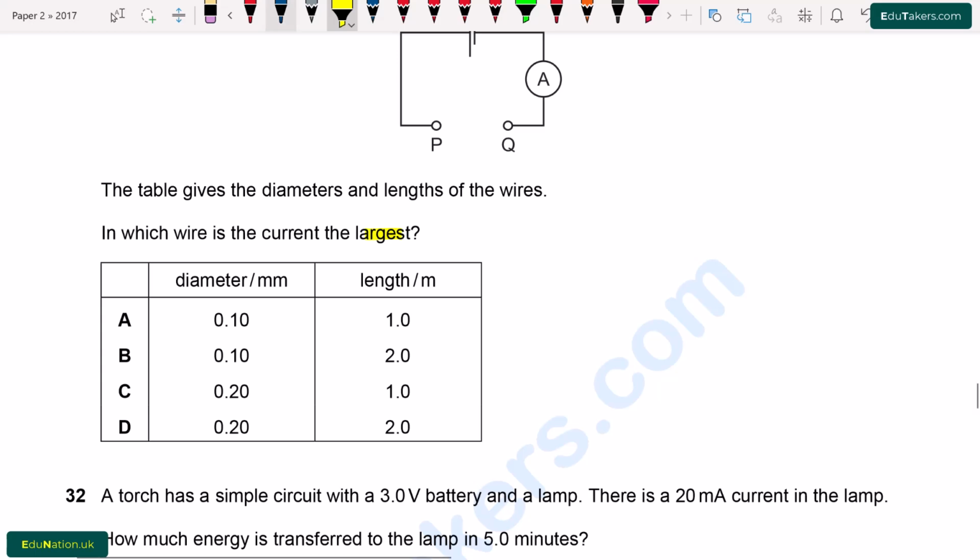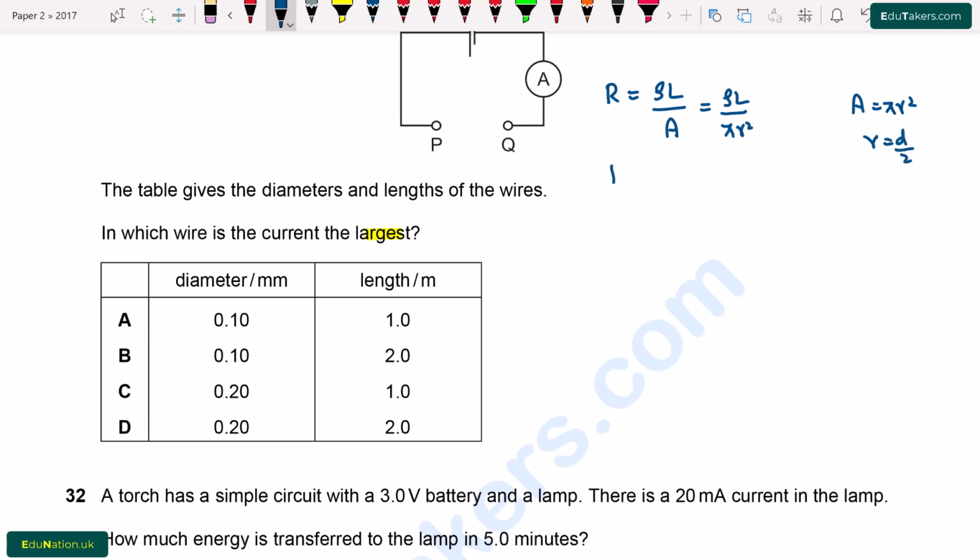We know that largest current means smaller resistance. And we can easily find resistance by using R equals resistivity times length over area. We know that area is equal to pi r squared. So I write here resistivity times length over pi r squared, where r is the radius and radius will be half of the diameter.